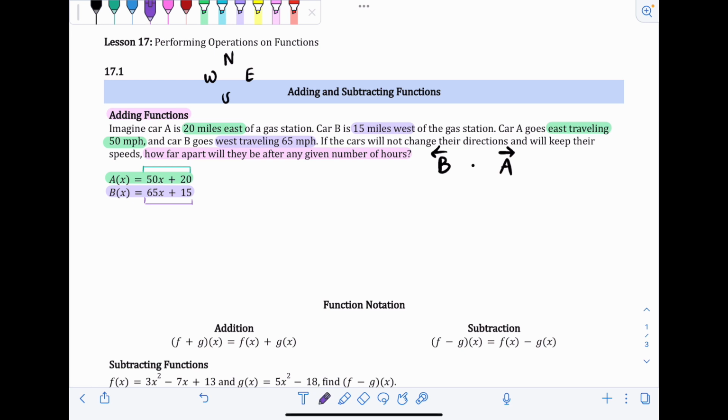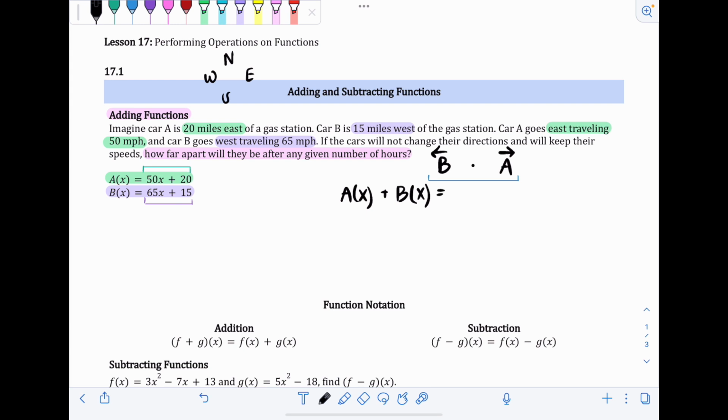So if we want to find their total distance, we need to add each of their distances from the gas station. So we're going to add the two functions. So we'll say our total distance is going to be a of x plus b of x.